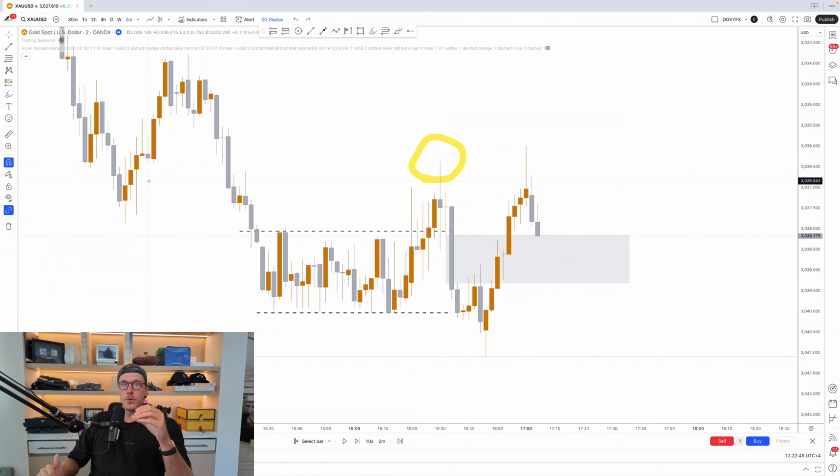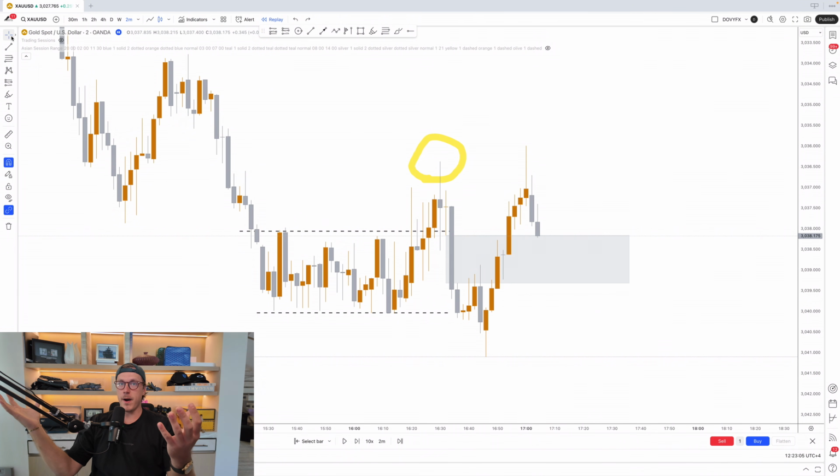So if your higher time frame market structure is bullish, this entry model can only work for buys. And if your higher time frame market structure is bearish, this entry model can only work for sells. It does not go both ways.